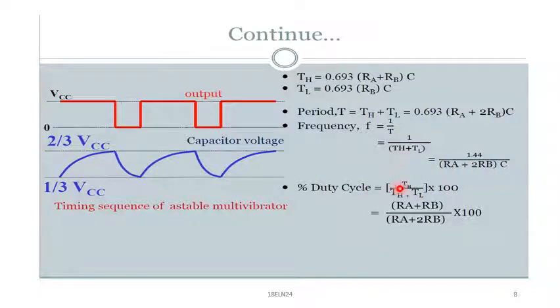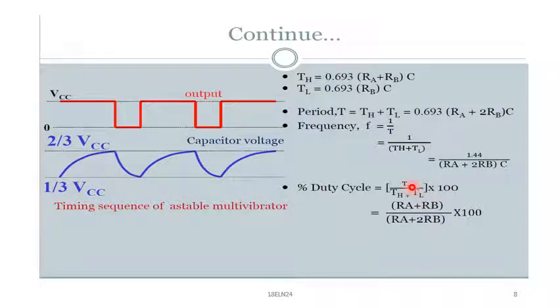Now the duty cycle, because here you'll write in terms of duty cycle. Duty cycle means it is a ratio of on period by total period. In terms of percentage, we'll multiply by 100. So the on period is TH and the total period is TH plus TL.